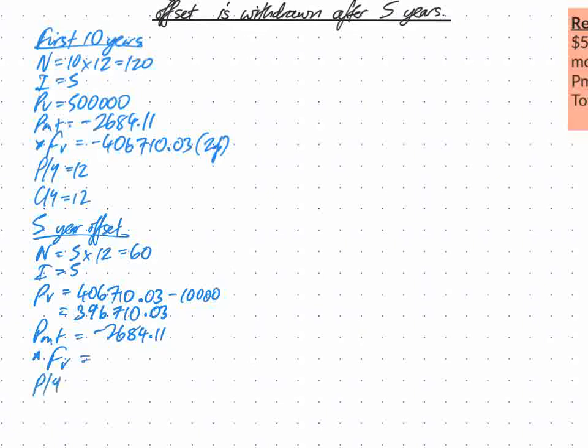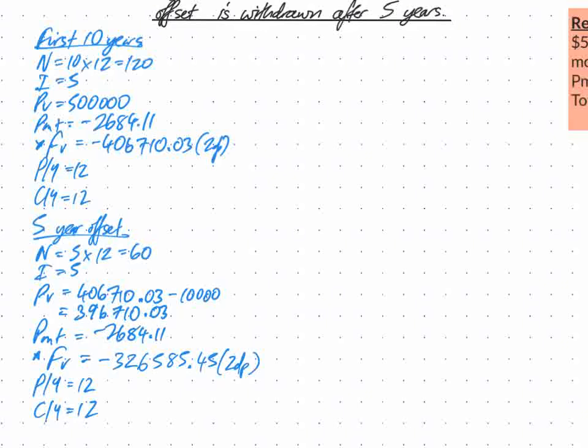PY is 12. CY is also 12. So if I solve for this, the offset reduced 5 years. After 5 years, my debt gets down to $326,585.45 to 2 decimal points.